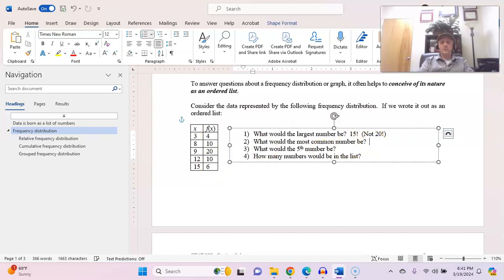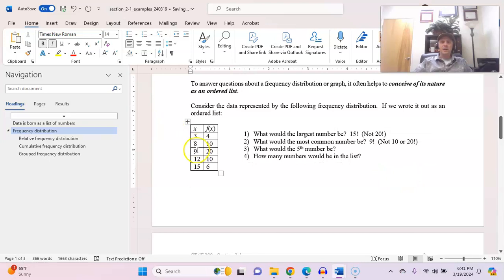Okay? So the answer here is 9, not 10, or maybe some students would even say 20. 9 is a number in the list that's repeated lots, 20 times. That's more than any other number is repeated. It's the most frequent or most common number.